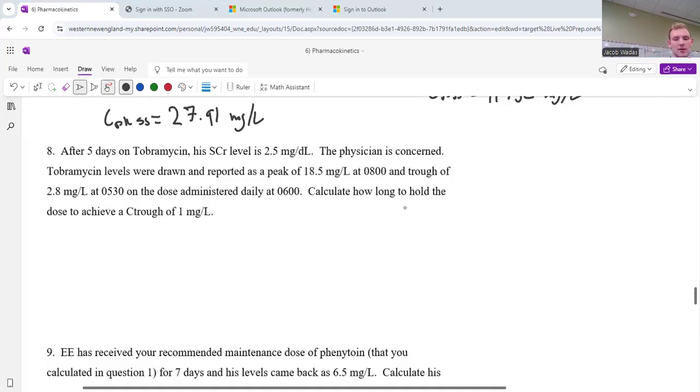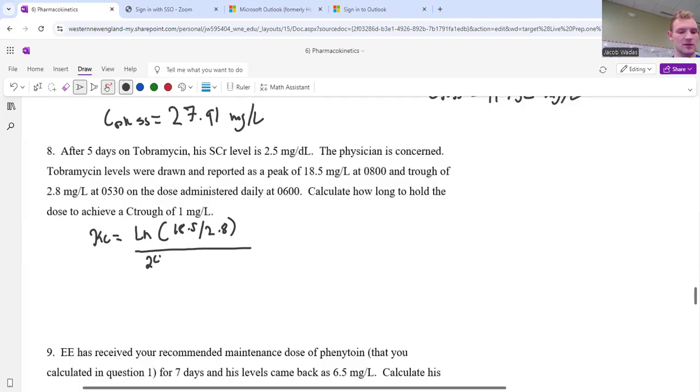Okay, so now we have to find the patient's KE, the individualized KE. KE equals the ln of the peak, 18.5, divided by 2.8, and then he's getting a once-daily dose of tobramycin.